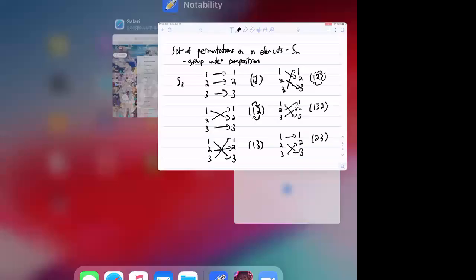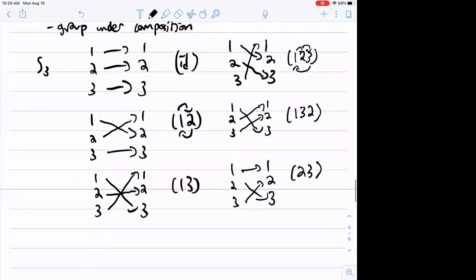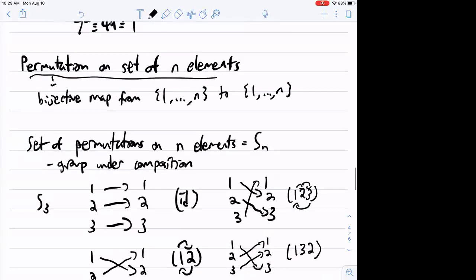Is everyone clear on this? Again, you can't do 1 to 2, 2 to 2, right? It has to be different because this would contradict injectivity, since two things get mapped to the same thing, and then it will not be a bijective map anymore.